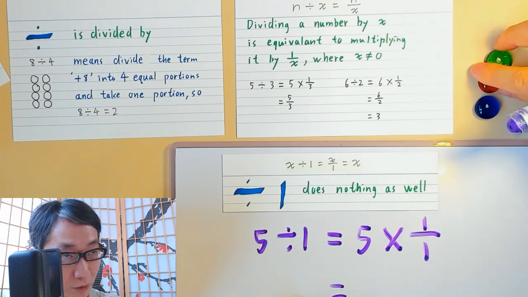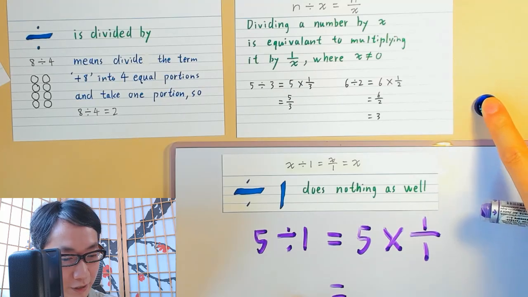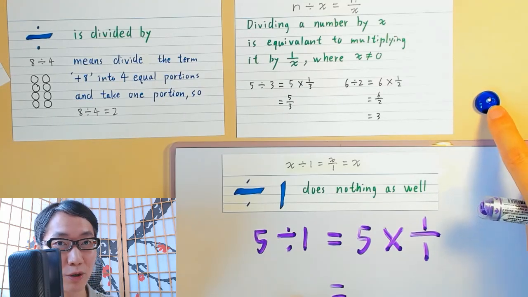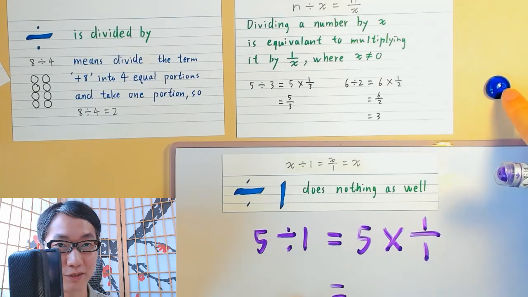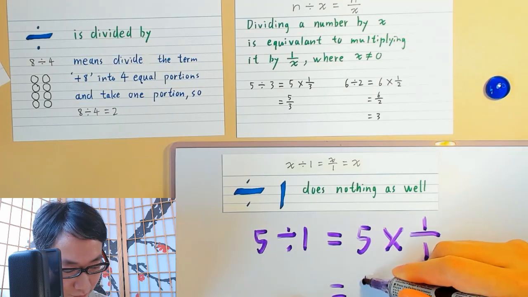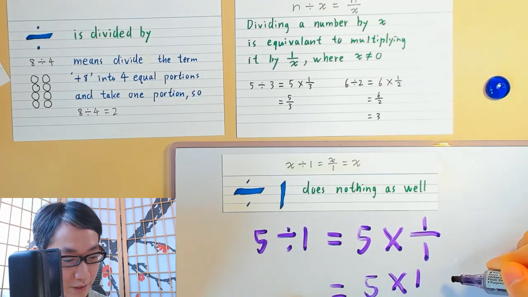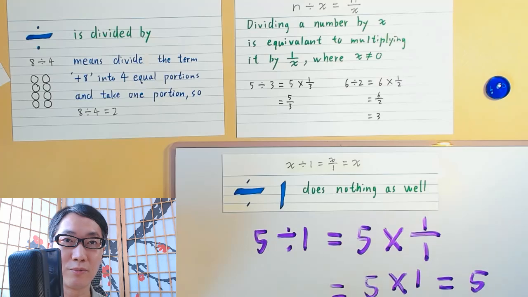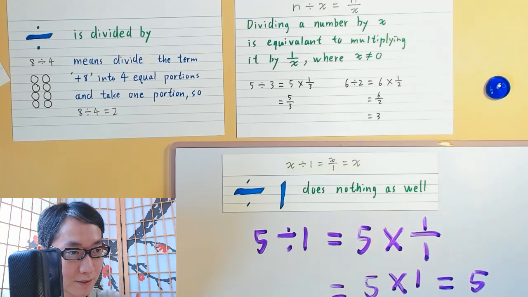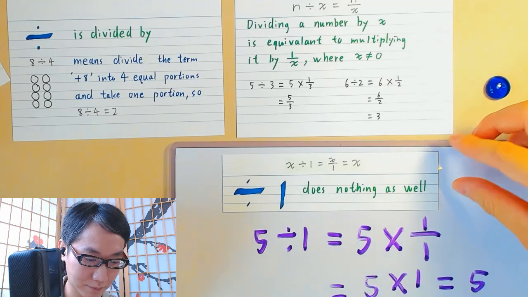I have 1 marble, I divide it into one equal portion, and then I take one portion, so it's still 1. So this is 5 times 1, and of course it is a positive 5. So yes, it does nothing to the term.